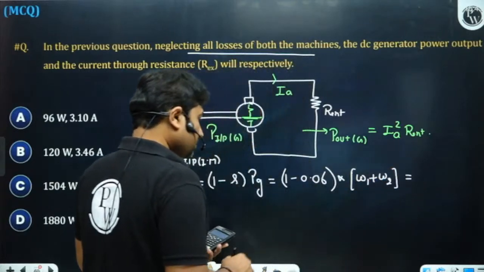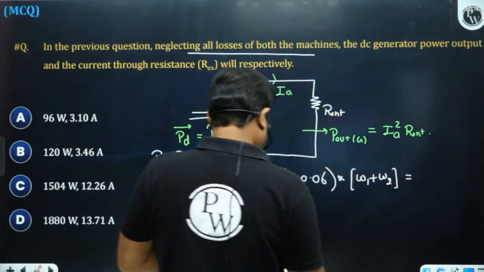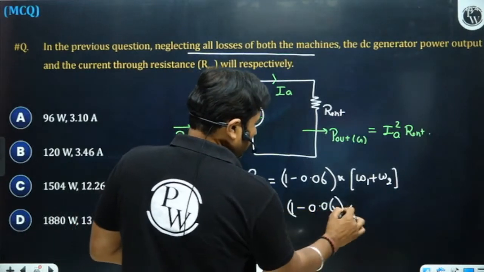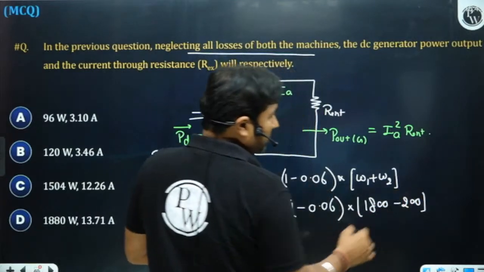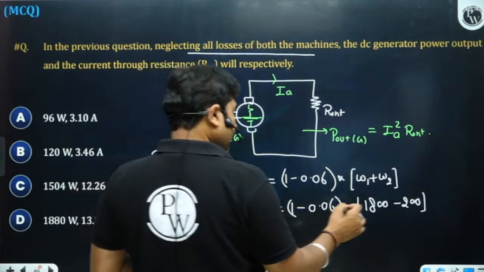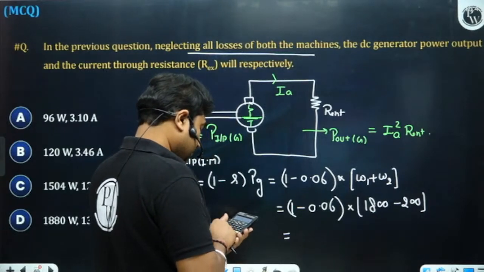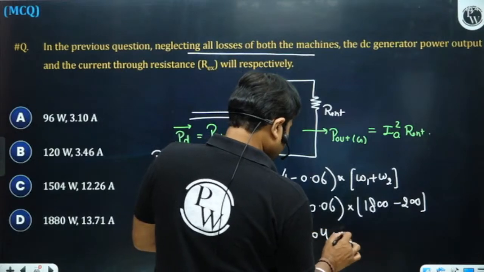Yes, sir. So 1800 minus 200, because W1 is 1800 and W2 is minus 200, gives 1600. So 1 minus 0.06 into 1600, we have 1504 watts.